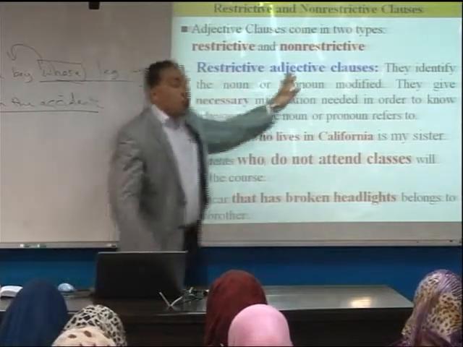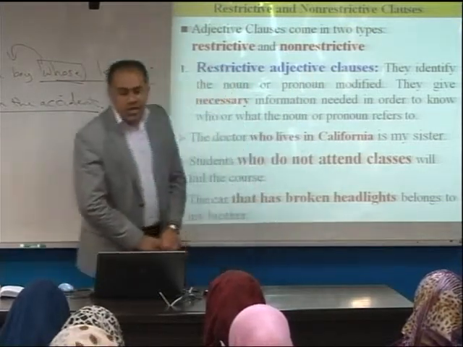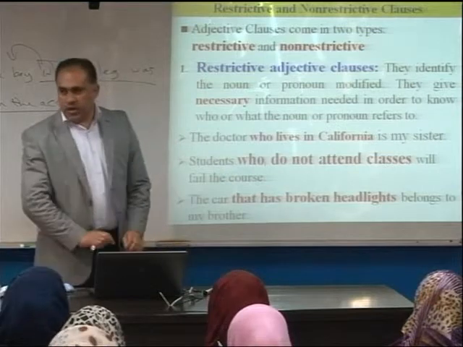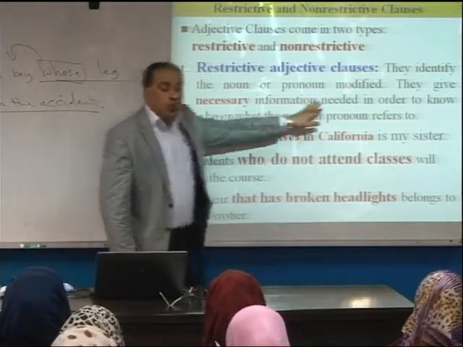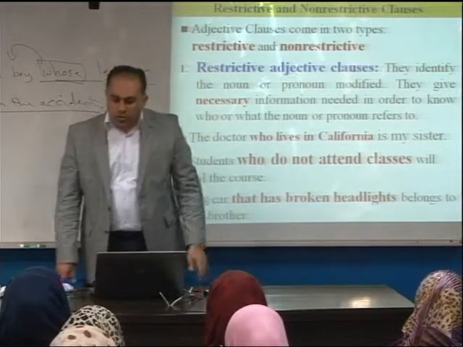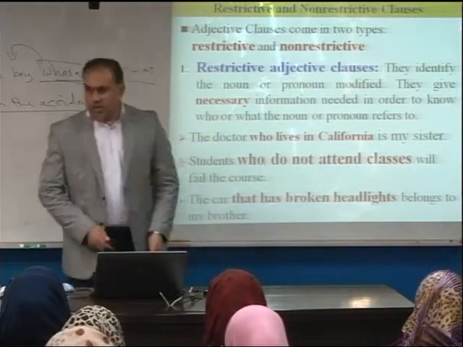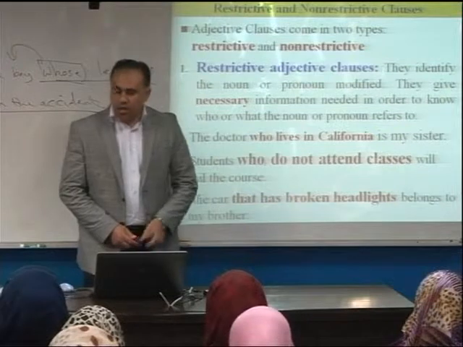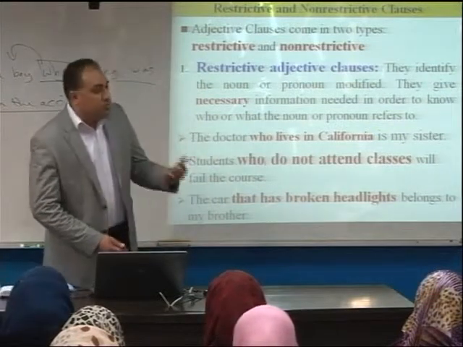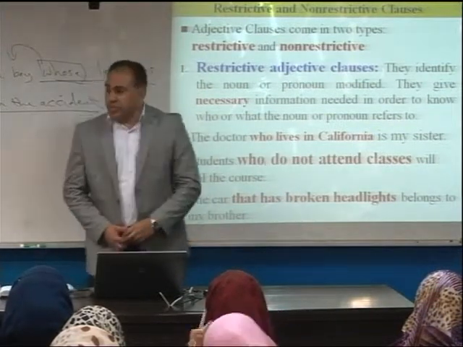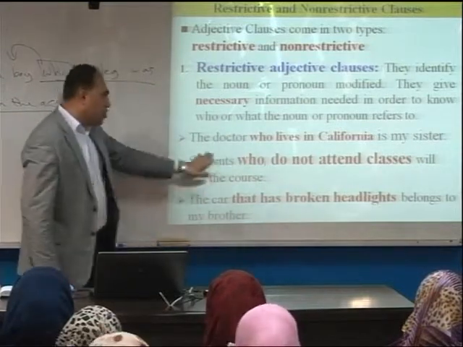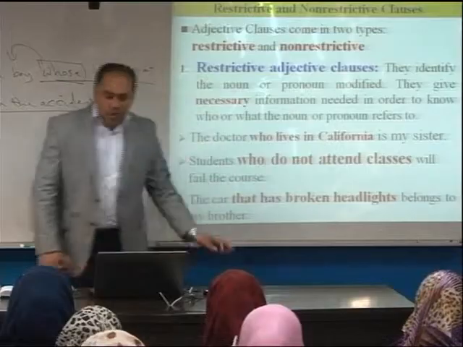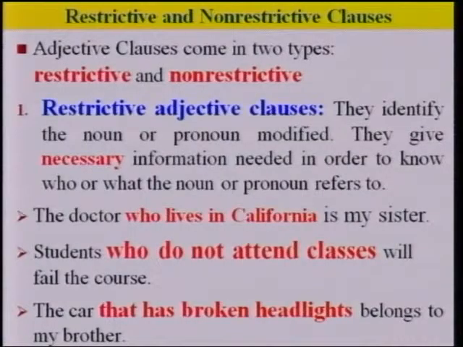So restrictive or defining adjective clauses, they identify. They are very much necessary information. They identify the noun or pronoun they describe or modify. They give necessary information needed in order to know the noun or the pronoun being referred to. Okay, for instance, the doctor who lives in California is my sister.